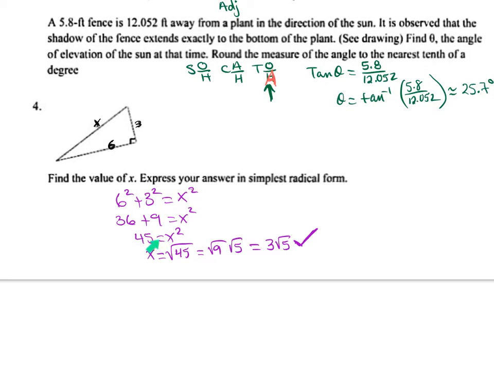We'll take the square root of both sides. So x is the square root of 45, which can be split into square root of 9 times square root of 5. Square root of 9 is 3, and the square root of 5 remains. So your answer is 3 square root of 5 for x.